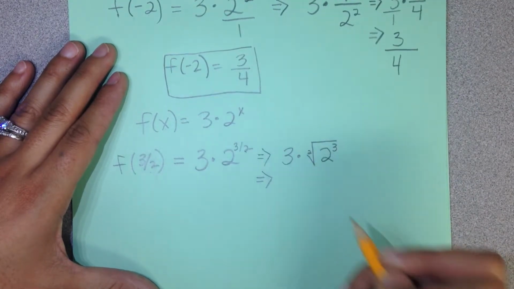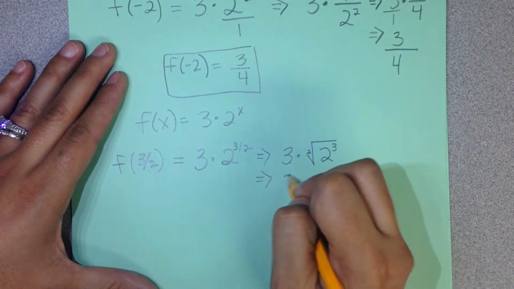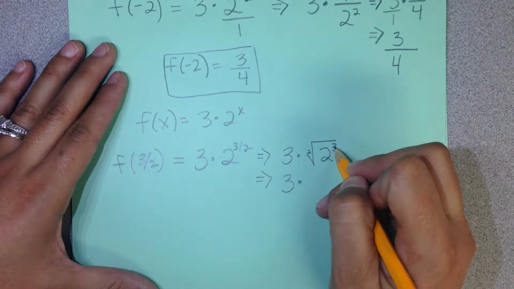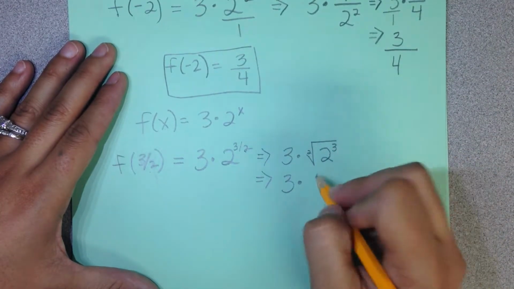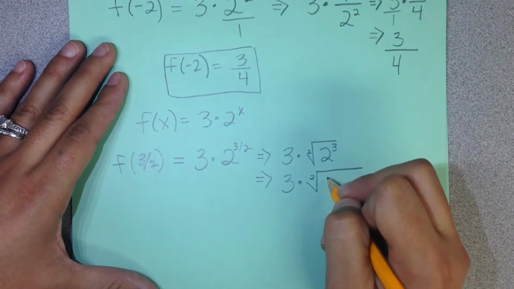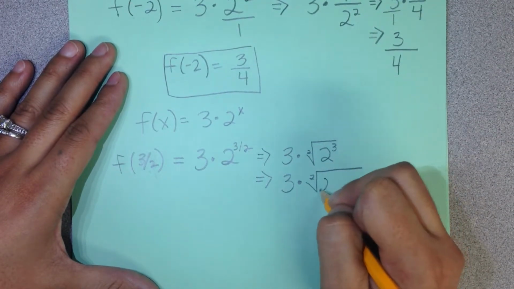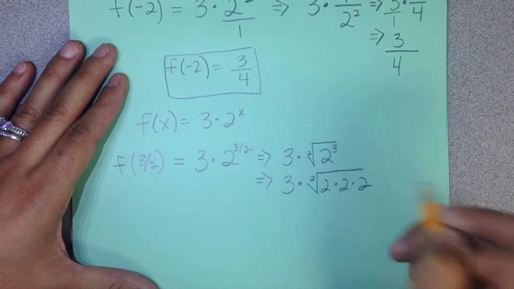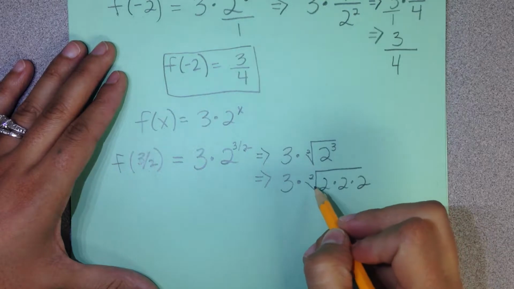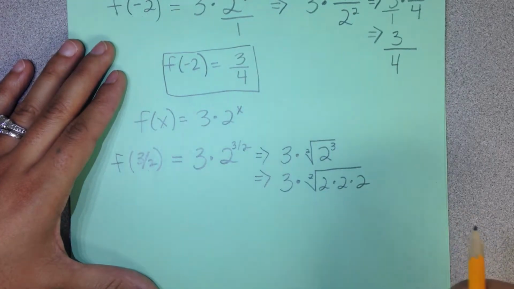So if we simplify that, we get 3 times, remember when we have something to a power inside the radical, we want to expand it. So it's going to be the square root of, if we expand 2 to the 3rd, it's 2 times 2 times 2. So for square root, the index of 2 tells us we need a pair.